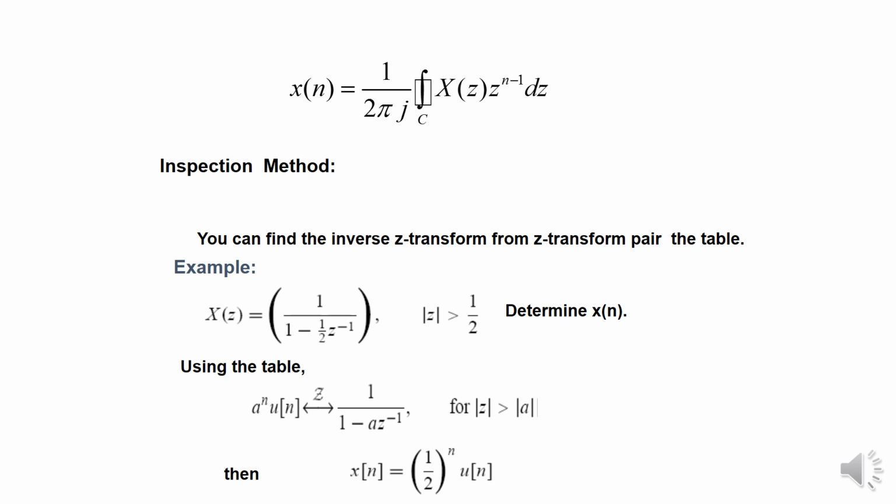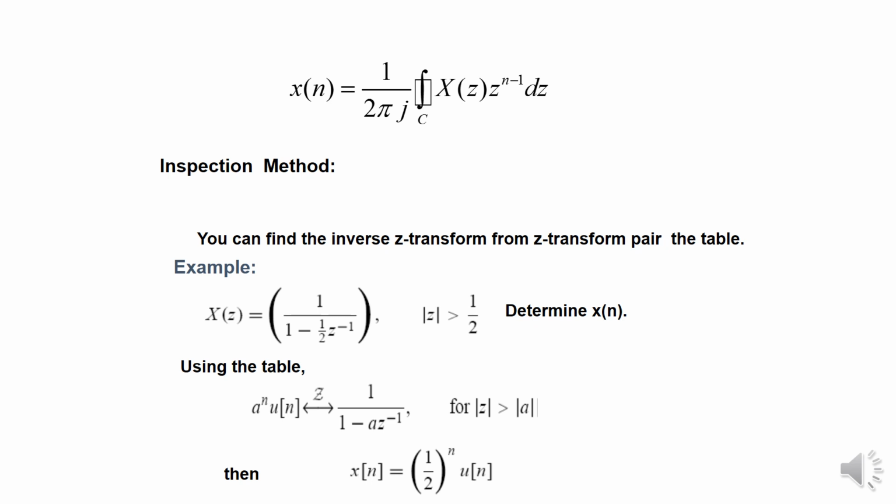Most of the time we will use the other few methods that I am going to teach you today, because this equation is somewhat complex, and there are easier methods. For your knowledge, I am giving you this equation, but we are not going to use it frequently to find the inverse Z transform.